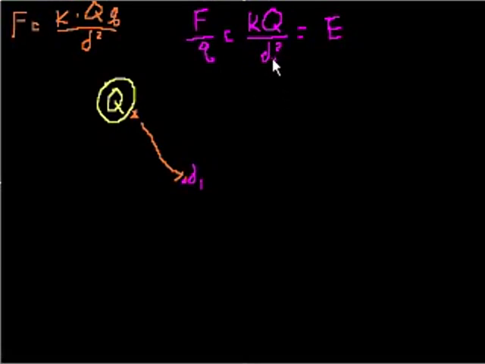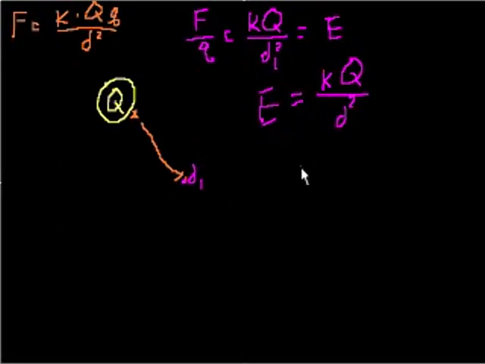So instead of a particular distance, we'll define the field for all distances away from the point Q. So the electric field could be defined as Coulomb's constant times the charge creating the field divided by the distance squared, the distance we are away from the charge. So essentially, if you give me a point around this charge anywhere, I can now tell you the exact force.